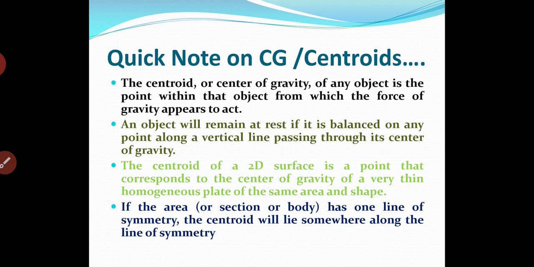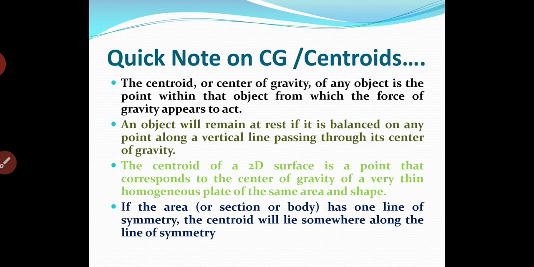It means whatever is the orientation of the body, the position of center of gravity will remain unchanged. The centroid of a two-dimensional surface, that is line or area, is the point that corresponds to the center of gravity of a very thin homogeneous plate of the same area or shape.